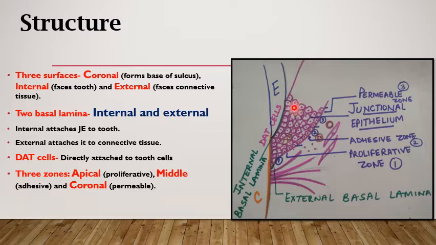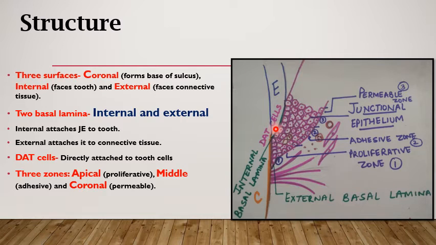I have already talked, there is a coronal surface which forms the base of gingival sulcus, and then there is an internal surface along with the tooth, and there is external surface which faces the connective tissue. Same, there are two basal laminae, one that is internal, which is attached to the tooth, and external, which is attached to the connective tissue. And as I have already explained, DAT cells are directly attached to tooth cells.